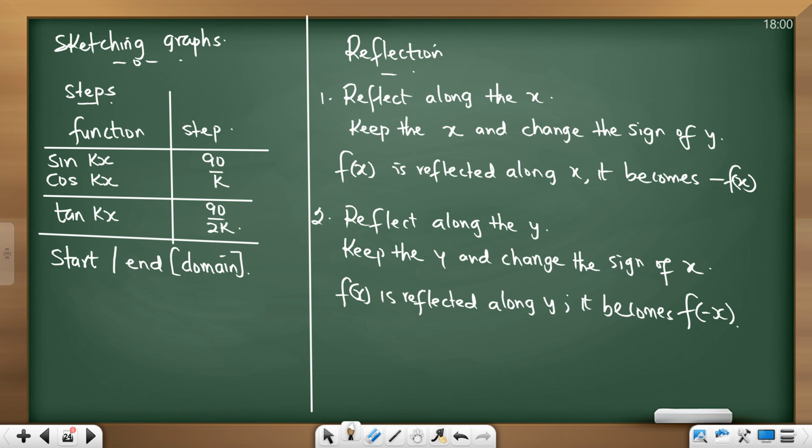In paper 1, we're doing f of x multiplied by a negative. Careful, you can lose marks.